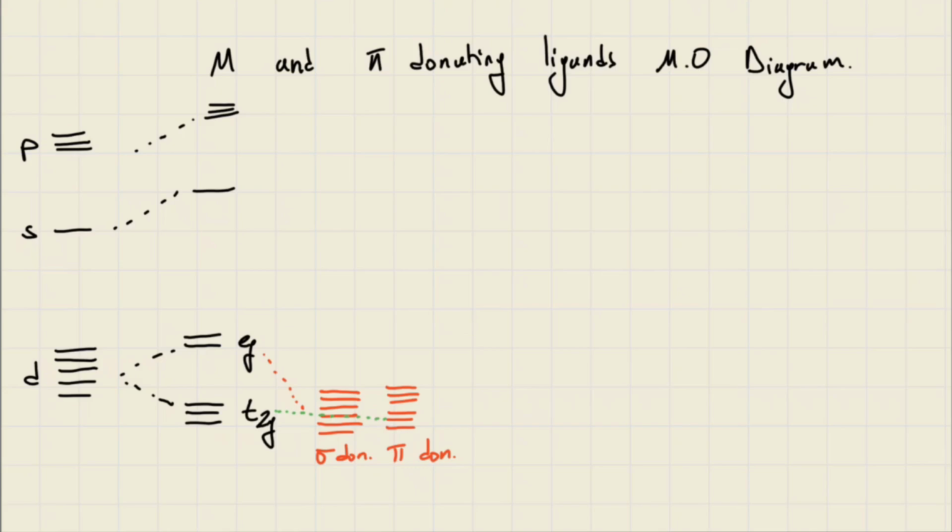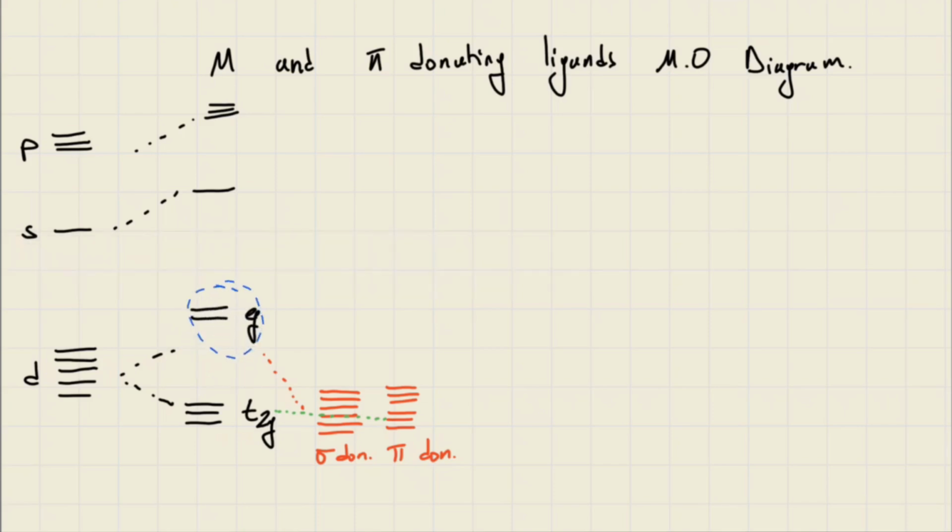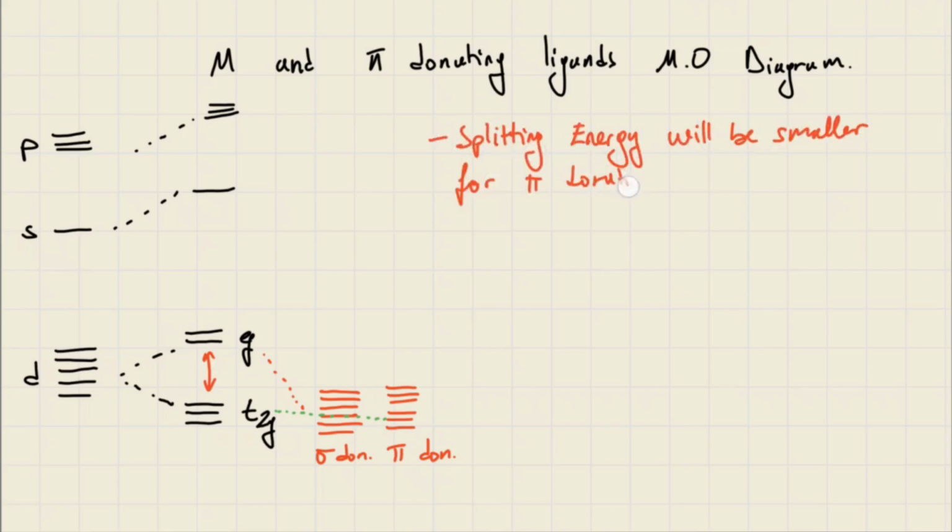So we have two donation abilities, which cause a decrease in the orbital energy. The Eg orbital will be filled by the pi donor, but if this wasn't the case, the energy of these orbitals would be a little bit higher. So the splitting energy will be smaller for the pi donating ligands.